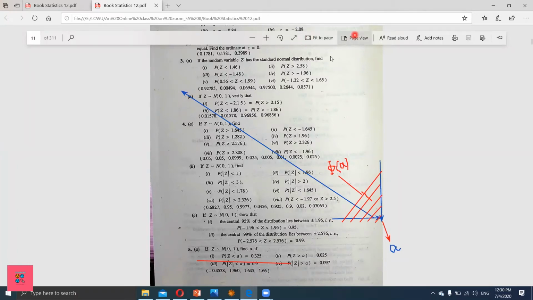Now we will solve the second question. Probability z greater than A is equal to 0.025. So we will do this part.